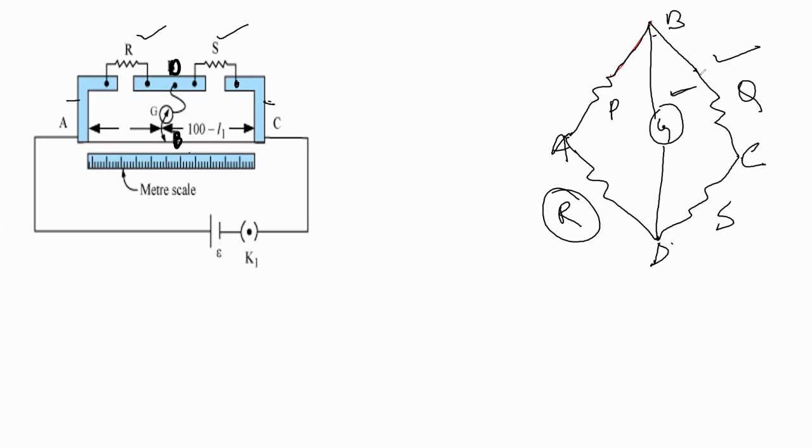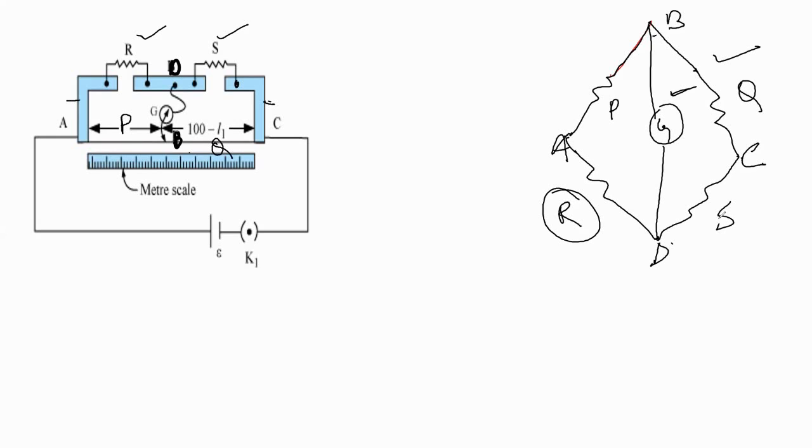Next, between A and B, this represents your P, and between B and C, this represents your Q. So the same Wheatstone bridge has now been designed in the form of a meter bridge or a slide wire bridge.